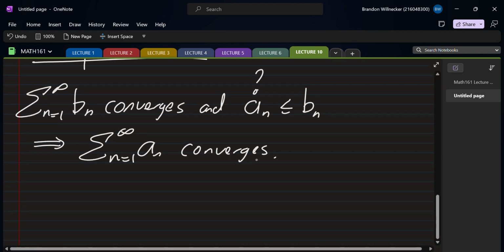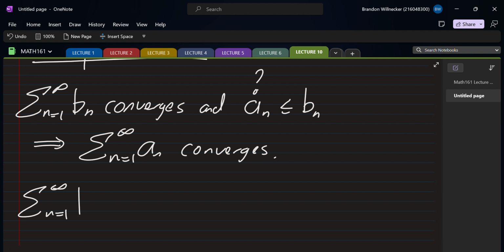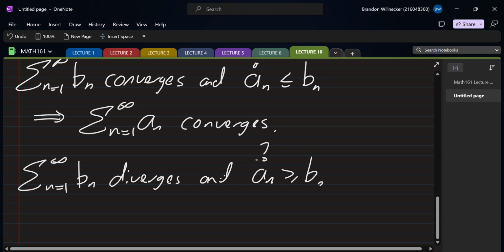On the other hand, if we have the sum from n equals 1 to infinity, bn diverges, and an is bigger, again, an, that's the one that we don't know. If that's bigger, then it also diverges.